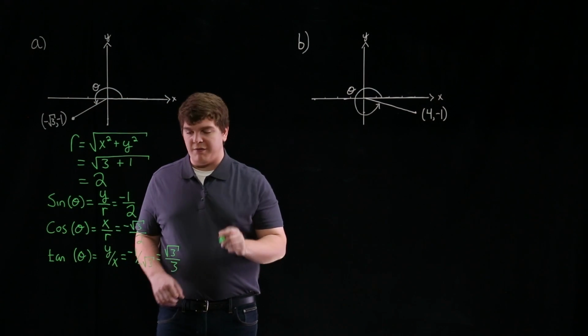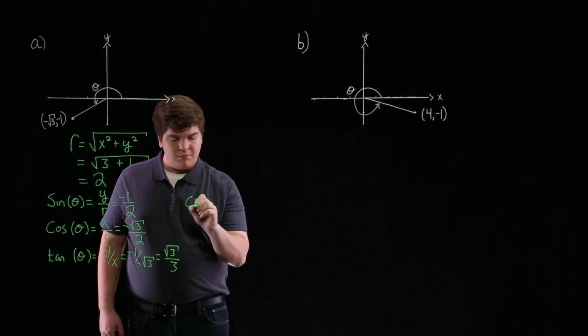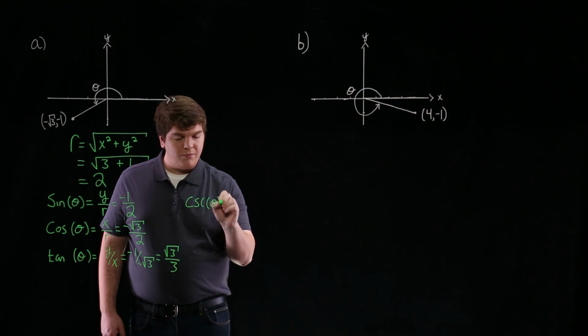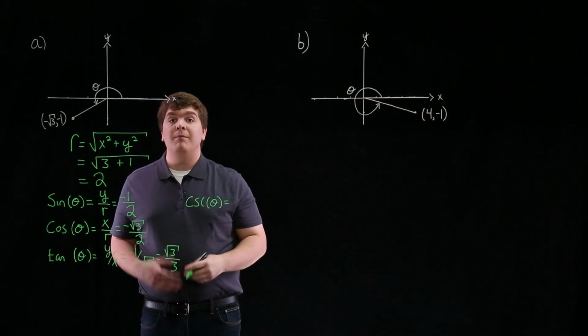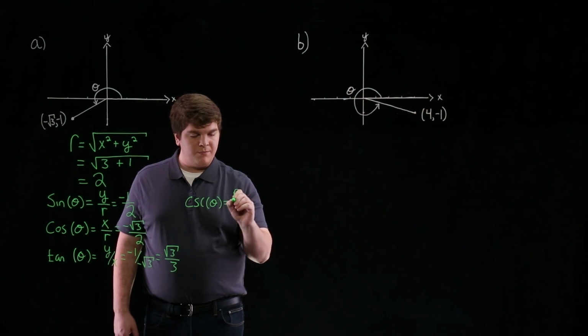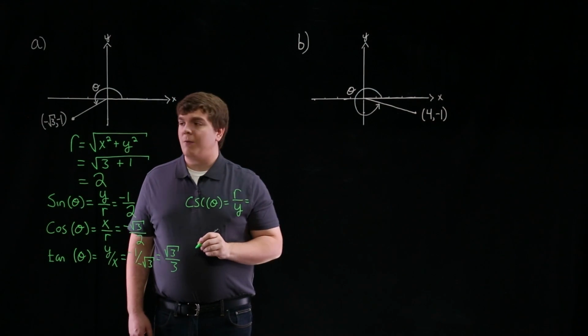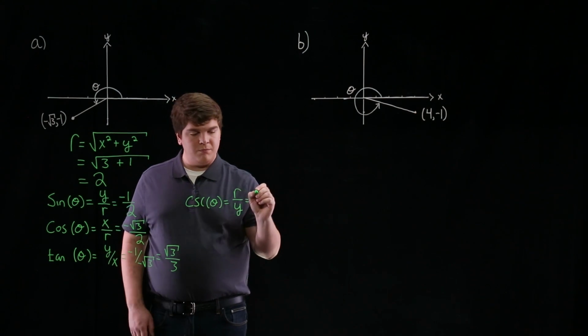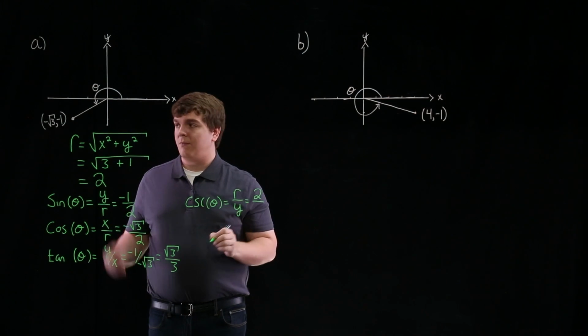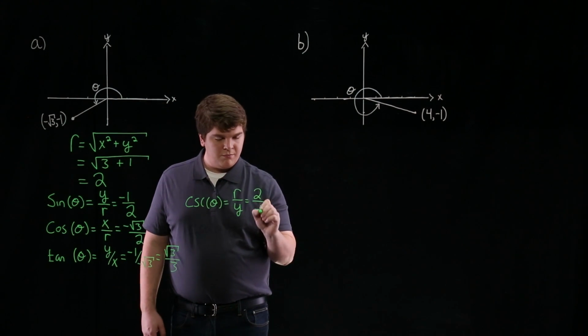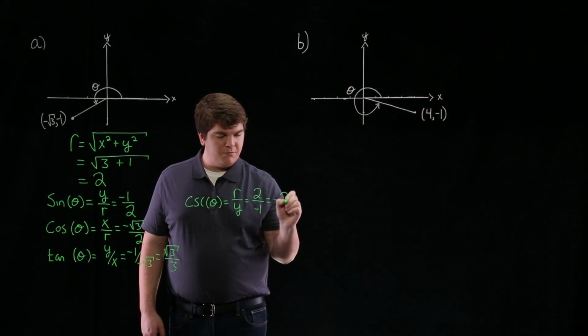To find cosecant of theta, we know that cosecant of theta is equal to r divided by y, which is equal to 2 divided by negative 1, which is negative 2.